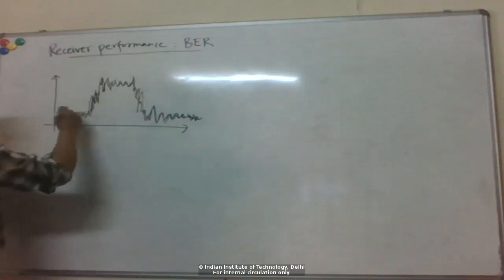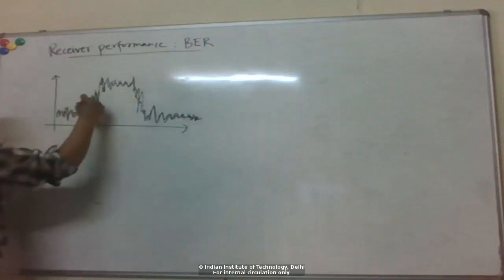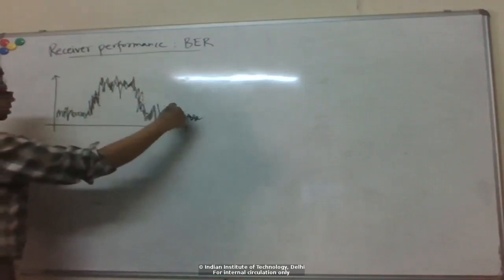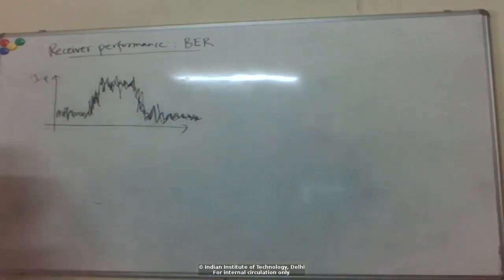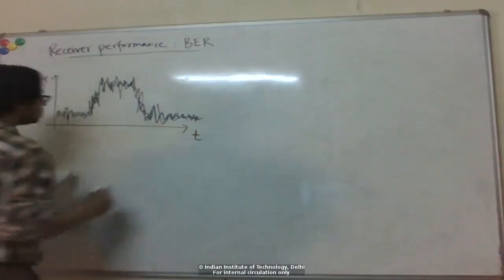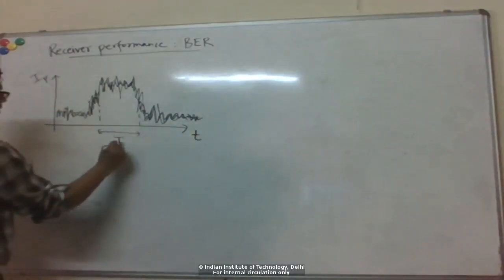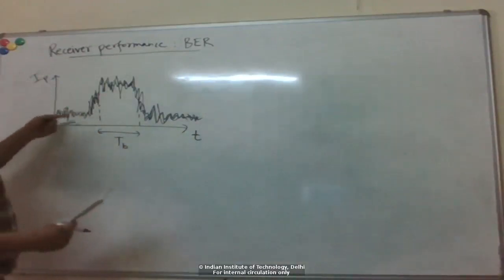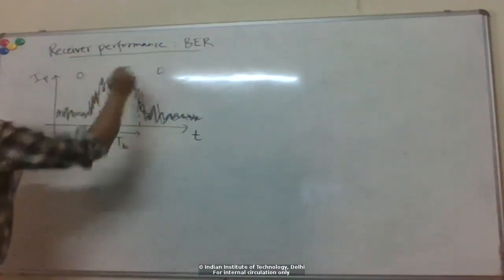So now instead of just seeing smooth pulses, I have this noise imprinted on the photocurrent. This is the photocurrent as a function of time. This is some bit period TB, showing a bit 0, bit 1, and bit 0.